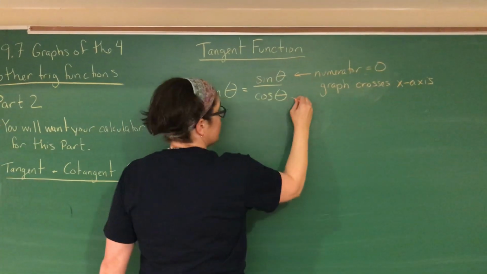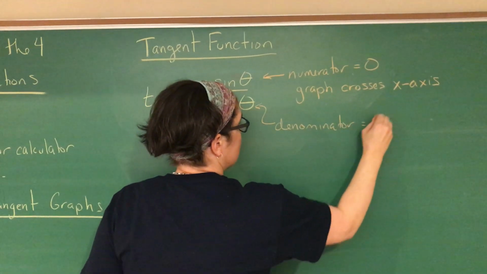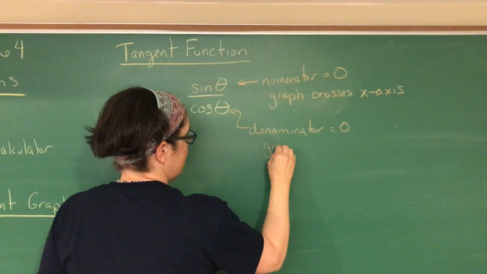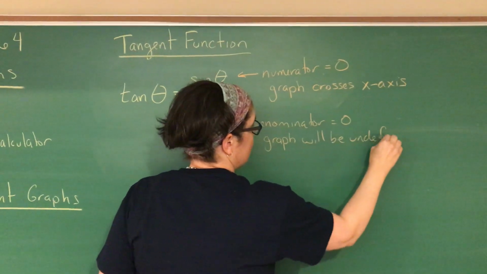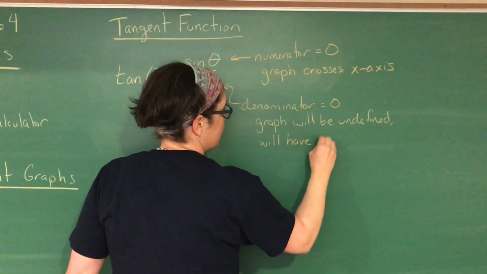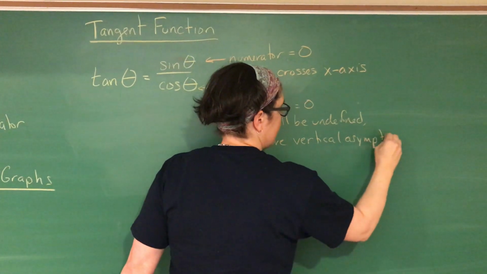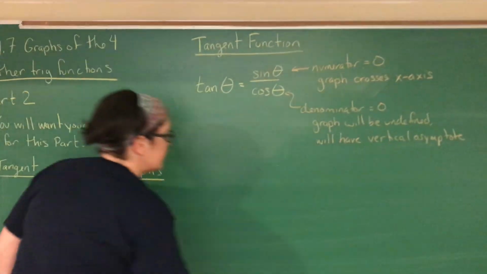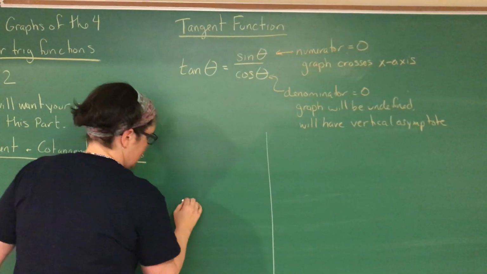And places where the denominator is equal to 0 are places where our function is undefined. And so our graph will be undefined, and it turns out we'll have a vertical asymptote. Okay, so let's start to get a picture of this tangent function and see what we can graph based on what we have so far.